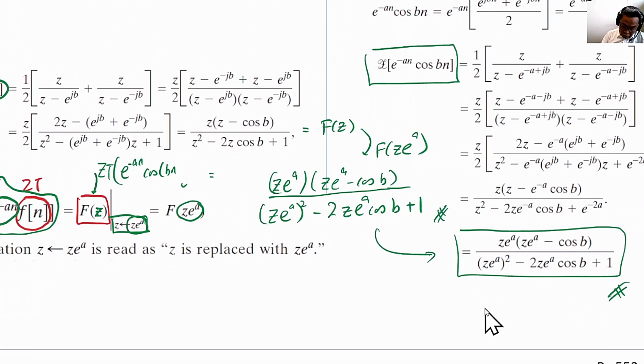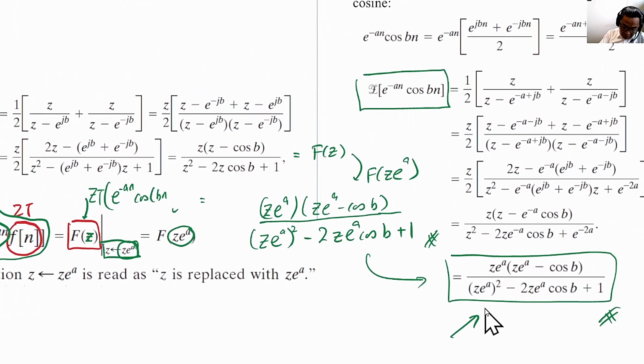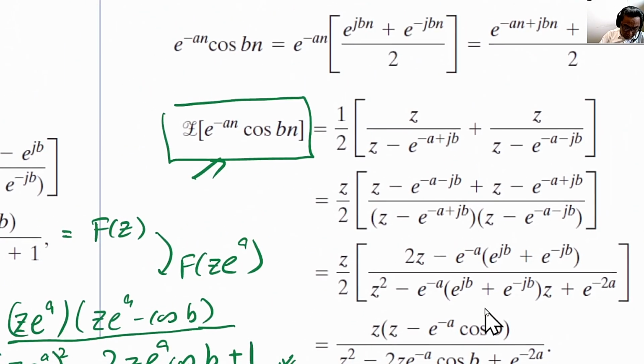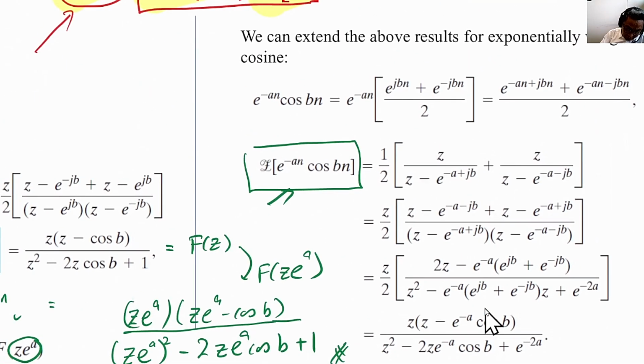And now we want to check how we arrived at this from the beginning. Again, we use Euler's identity to represent the cosine. We are going to use e^(-an) multiplied by cos(bn), so we put the e^(-an) in front.